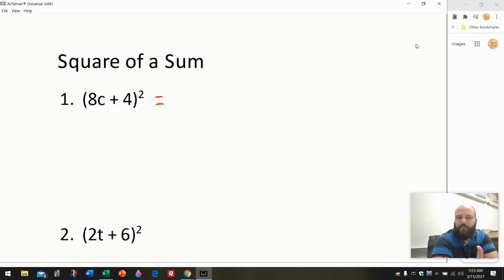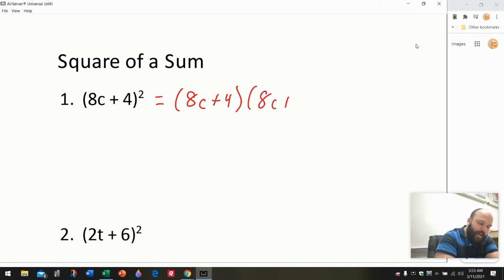So again, coming back to what it means to square something, it means to multiply something by itself. So in this case, we are taking 8c plus 4, and we are multiplying it by 8c plus 4. So we've expanded this expression out based on the power telling us to square it.